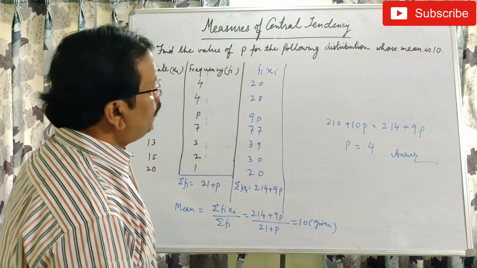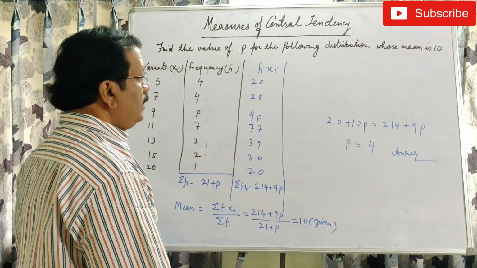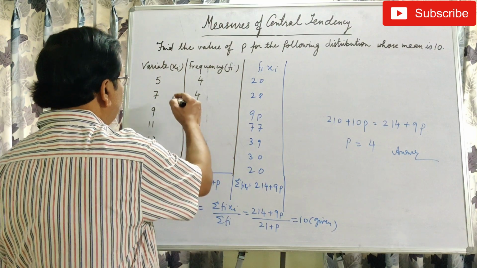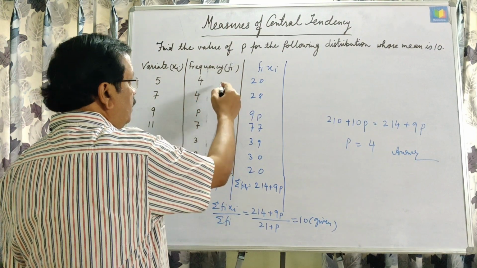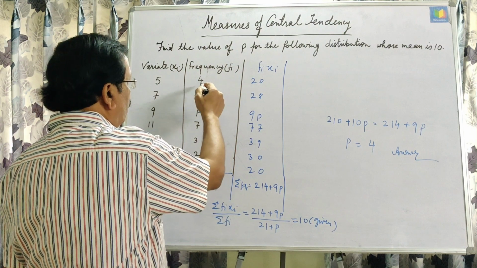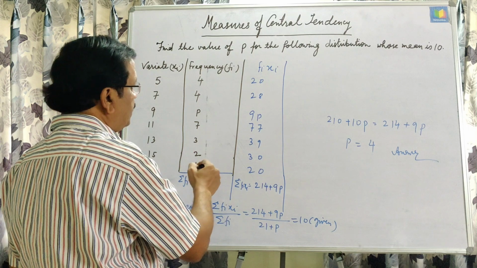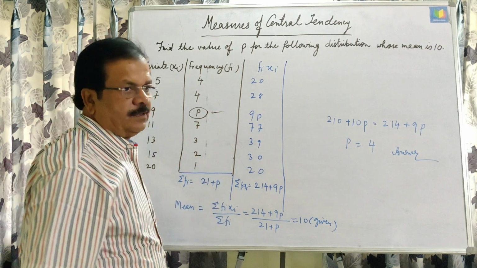Find the value of P for the following distribution whose mean is 10. In this question we are given the mean, and the variates are 5, 7, 9, 11, 13, 15 and 20. Frequencies are 4, 4, 5, P, 7, 3, 2 and 1 respectively, in which one frequency is not given.